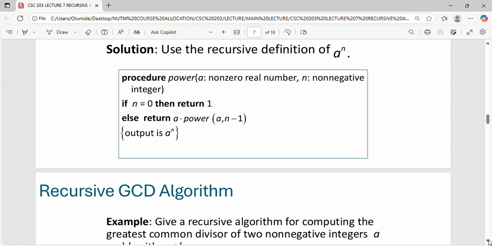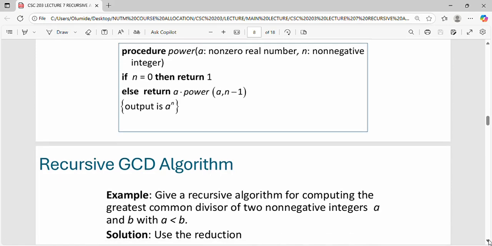Else return a dot power, you can see a comma n minus 1. That will give you a times a raised to power. The first a in the bracket, and close the bracket, the left a is actually going to carry n minus 1. So at the end of the day, the output will become a raised to power n. Just like I explained earlier, a times a raised to power n minus 1 gives you a raised to power n. So that is it. That's what the algorithm looks like.